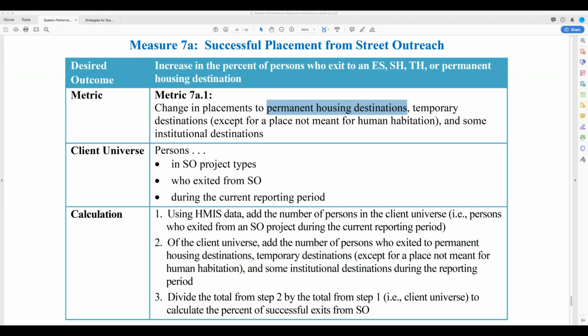All right. So, okay. And I appreciate the clarification. Danielle just clarified that if there was a discharge from a street outreach project into, for instance, an emergency shelter bed or maybe a safe haven bed, that would be considered a linkage to that service of shelter rather than a discharge.